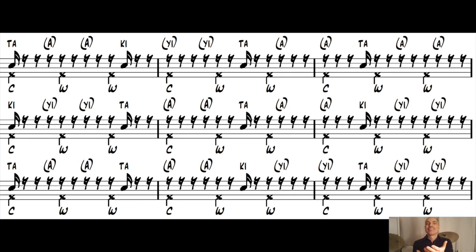Ta, ki, ta, ta, ki, ta, ta, ki, ta, ta, ki, ta, ta.